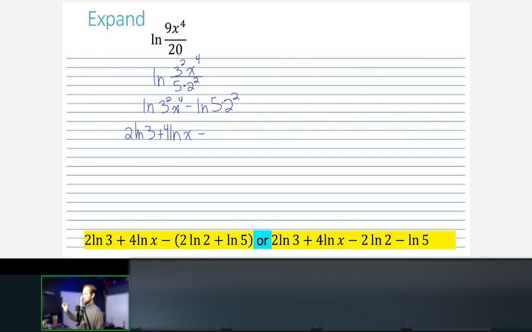And then on the second term, the minus ln of 5 times 2 squared, again becomes addition, natural log of 5 plus the natural log of 2 squared. And again, I'm going to move the exponent in front in the same step. But don't forget the parentheses, because if you forget them, it looks like you are subtracting this, and then when you go the other direction, you'll be doing multiplication, multiplication.